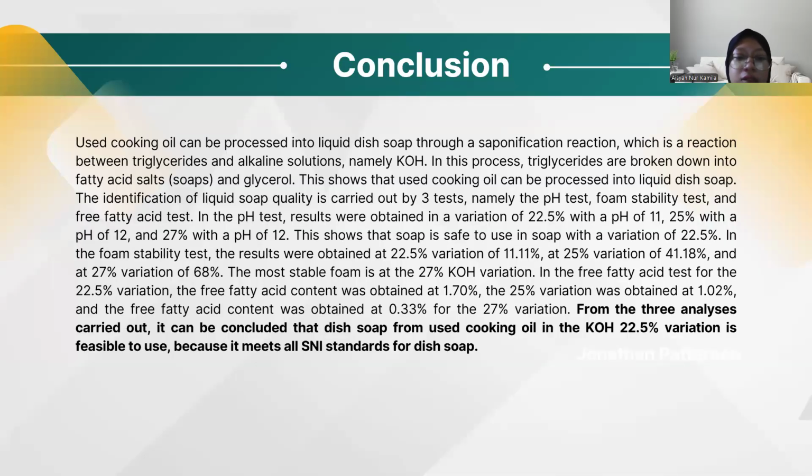And last, the conclusion is cooking oil can be processed into liquid dish soap through a saponification reaction, which is a reaction between triglycerides and alkaline solution named potassium hydroxide. In this process, the triglycerides are broken down into fatty acid salts or soaps and glycerol. The soap that uses cooking oil can be processed into liquid dish soap.